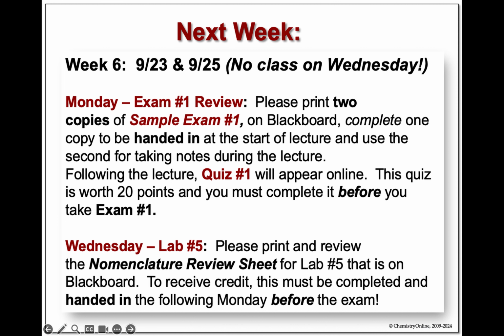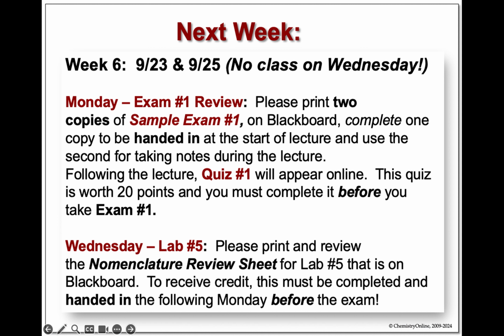On Wednesday, go to Blackboard. You will see something called Lab 5. It's a nomenclature review sheet. It's got maybe 30, 40 compounds on it. And you look at them and you write the names. Over and over and over again.